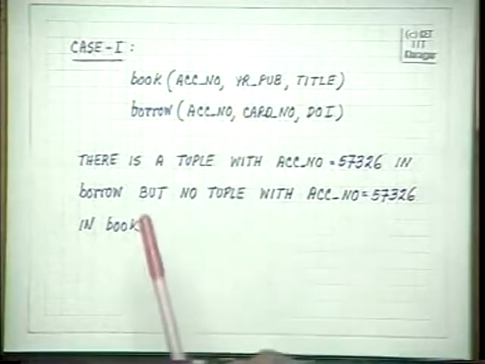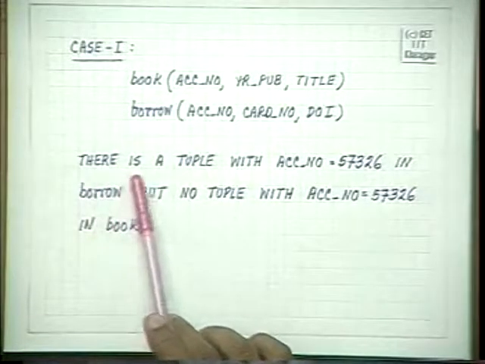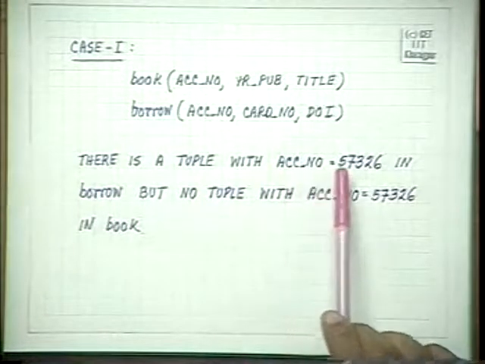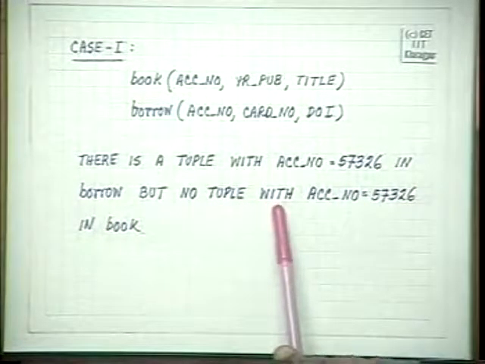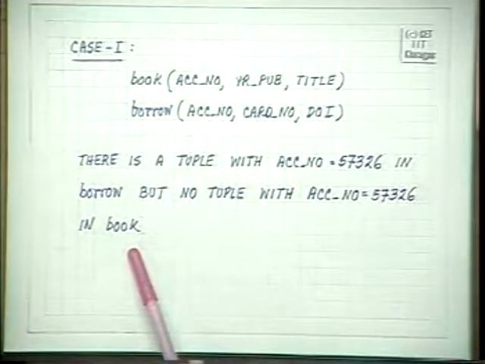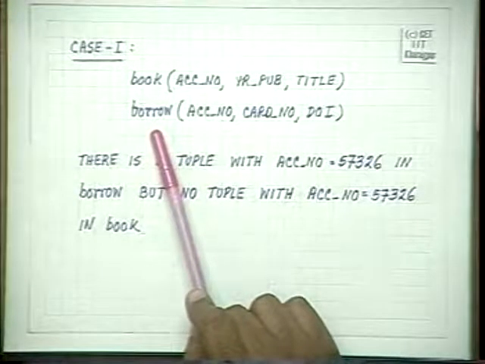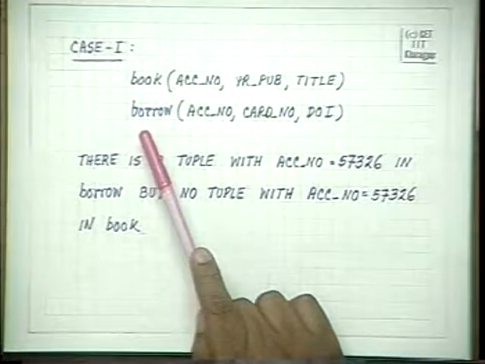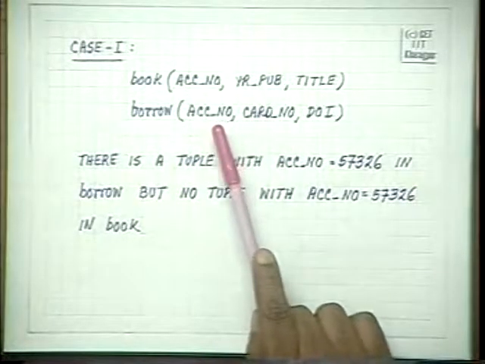That is fine. But let us look at this situation. There is a tuple with accession number 57326 in borrow, but there is no tuple with accession number 57326 in book. Now, borrow is a relation which is known to be those books which are issued by people having these card numbers.